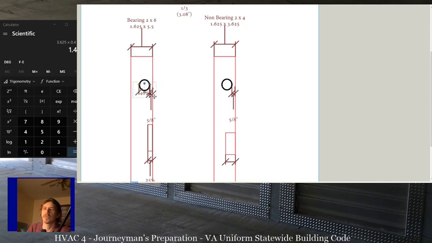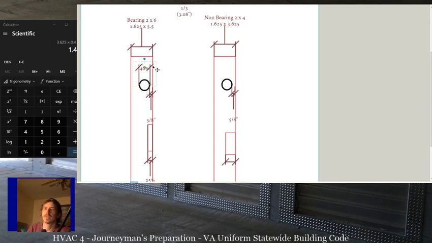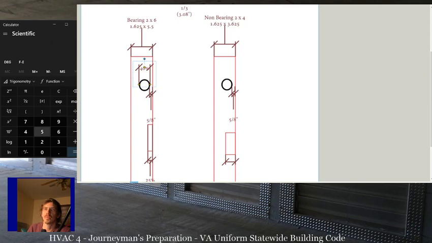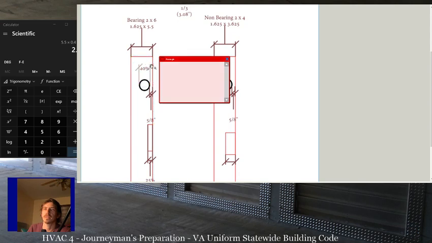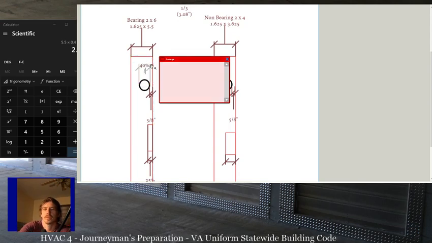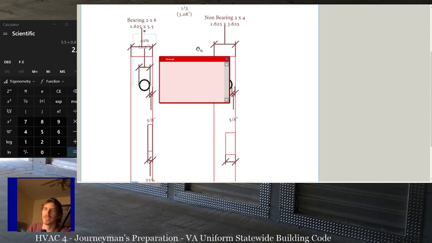So that 40% on a 5.5 inch 2x6 would be 5.5 times 0.4, and that's going to be 2.2 inches. So basically a little less than 2 1/4, about 2 1/8 of an inch on a 2x6 stud.